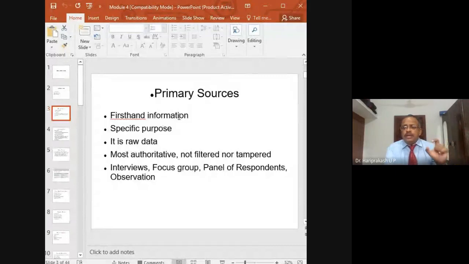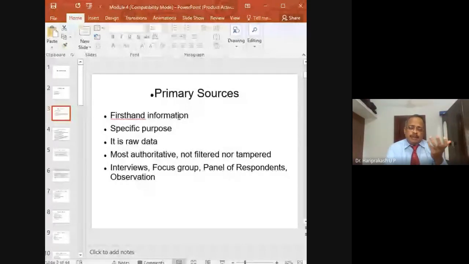If you are doing research on employee turnover, then you are collecting data related to employee turnover. If your study is related to customer satisfaction, then you are collecting data related to customer satisfaction. If your study is related to customer loyalty, then you are collecting data about customer loyalty.